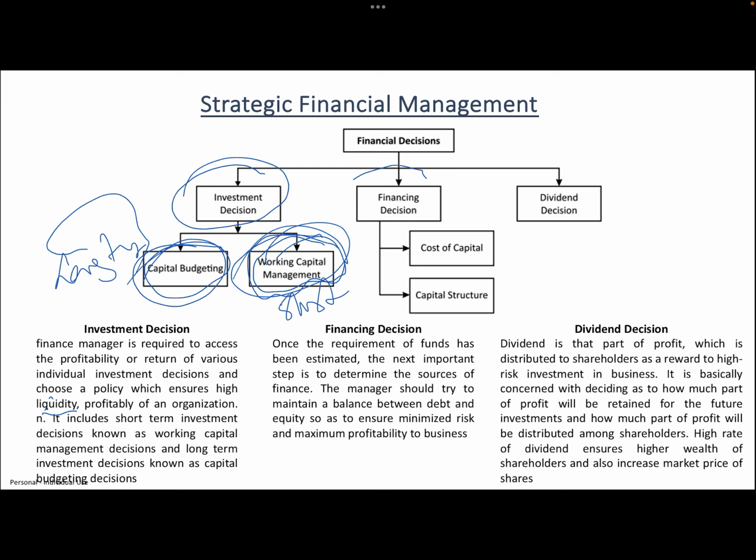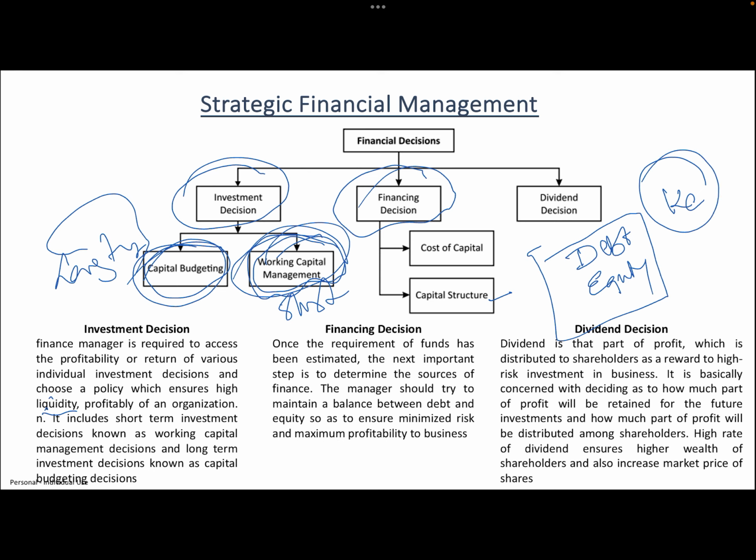The second set is financing decision. Financing decision is all about your capital structure: how much debt I should have and how much equity I should have in a company. Why is it important? Because it is all about cost of capital. My cost of capital should always be less than the industry benchmark.